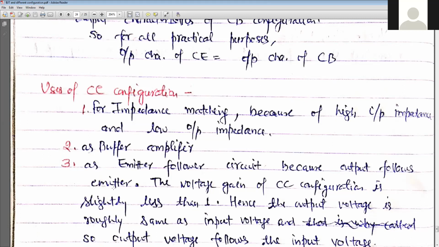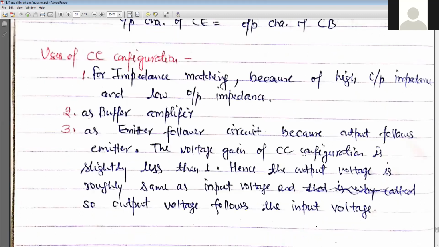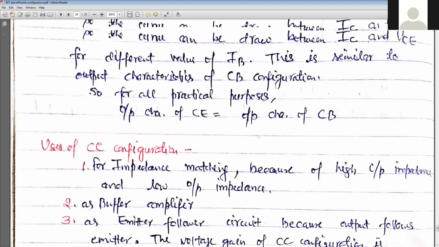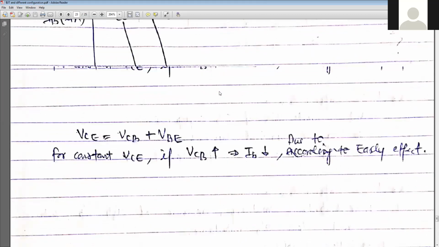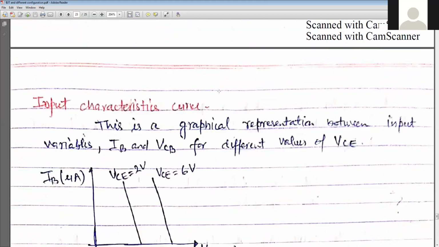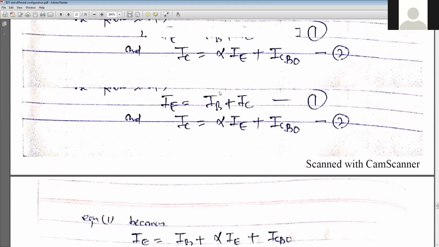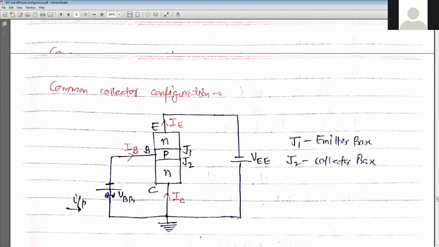So the voltage gain of the common collector configuration is slightly less than 1. The voltage gain is nothing but the output voltage VCE divided by the input voltage.